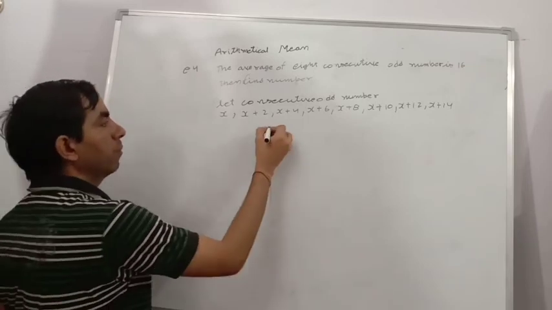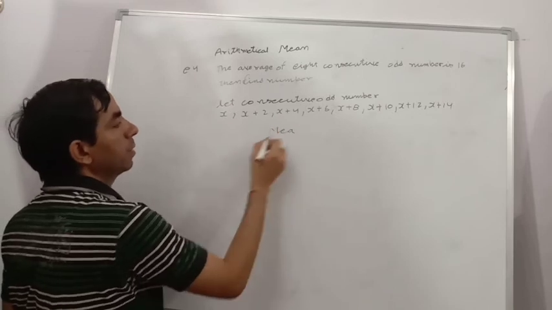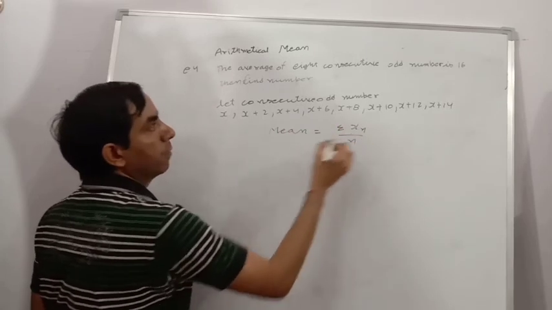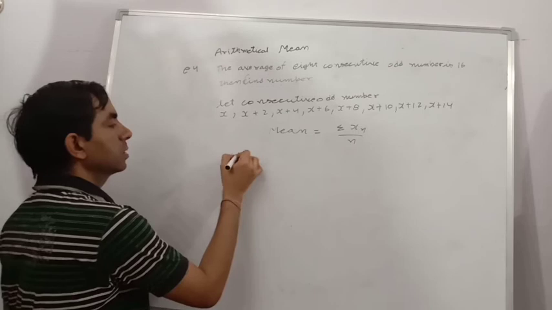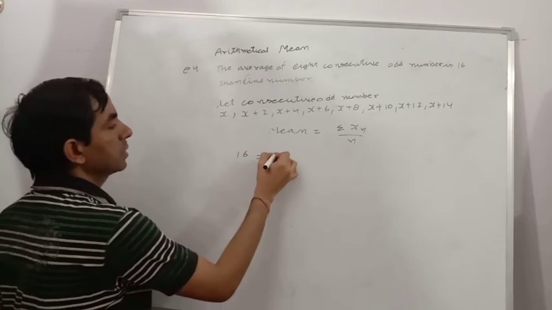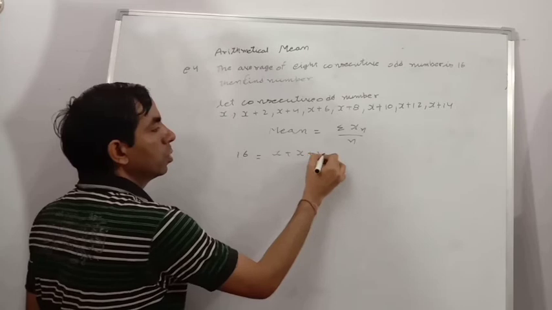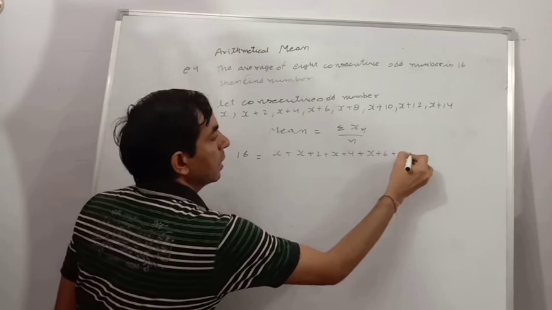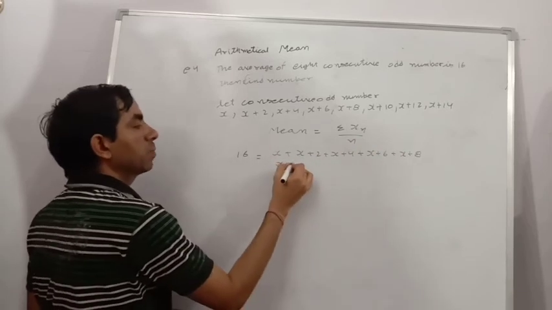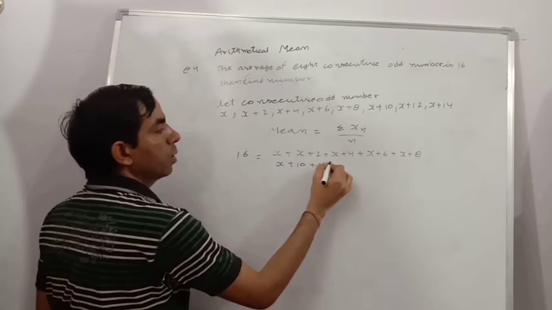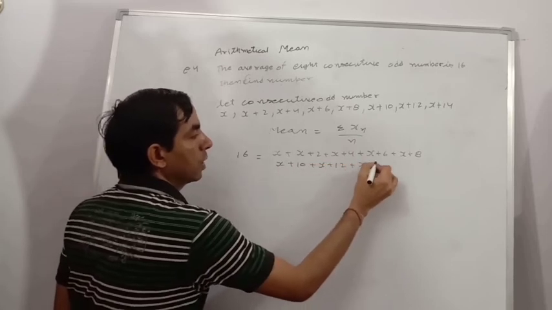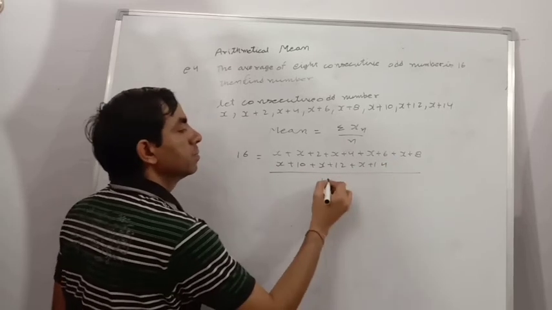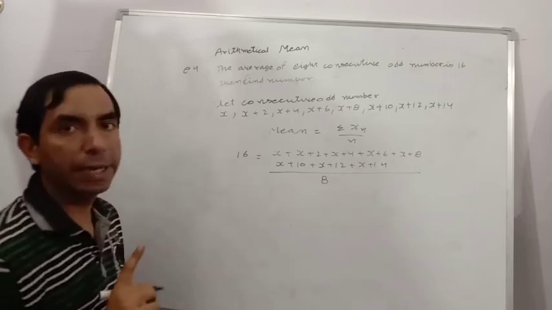So write it in the formula. The mean formula is summation of xn upon n. We are given the mean is 60. The sum means x, x plus 2, x plus 4, x plus 6, x plus 8, x plus 10, x plus 12 and x plus 14, and the number of observations is 8.